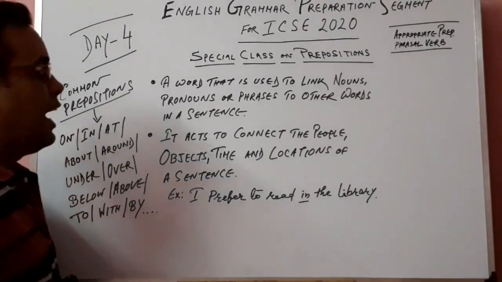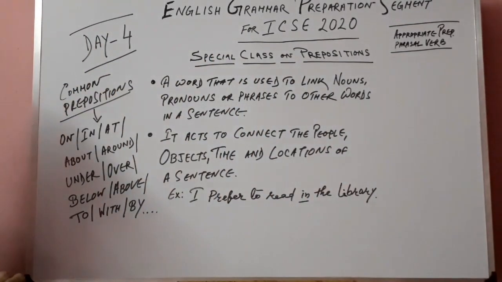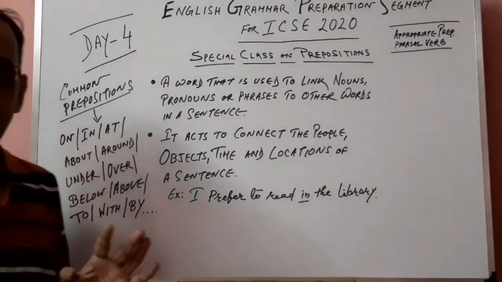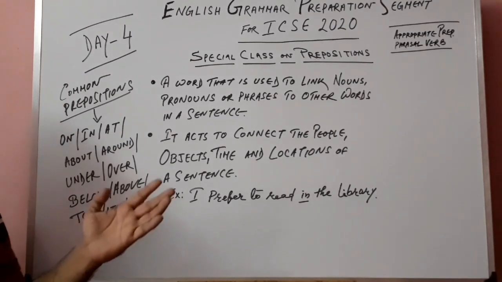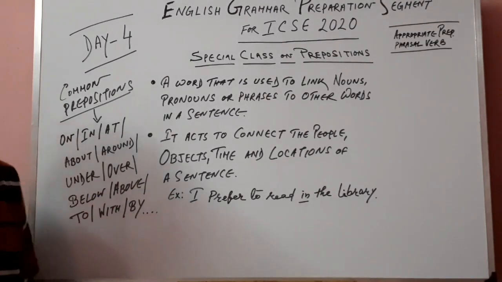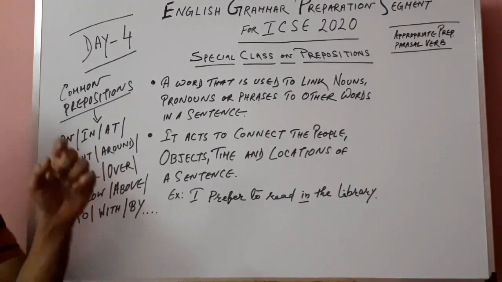But before starting that, let me tell you what prepositions are. Although all of you are quite aware of what prepositions are, since you have been doing them since class 2 or 3. Nonetheless, I am telling once again, a preposition is a word, a linker.